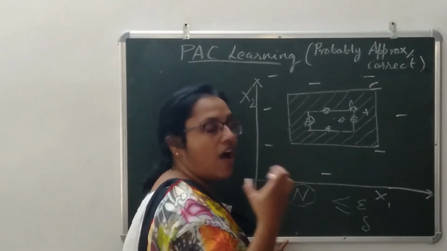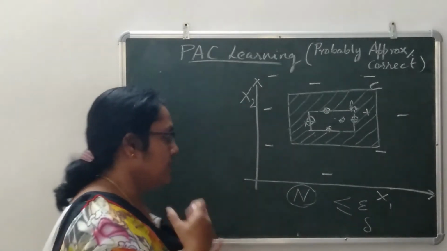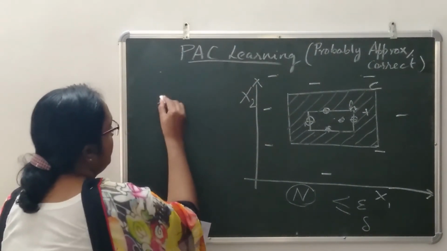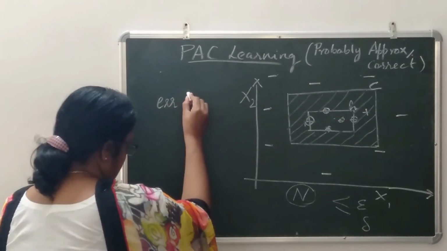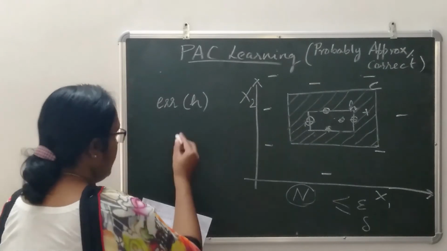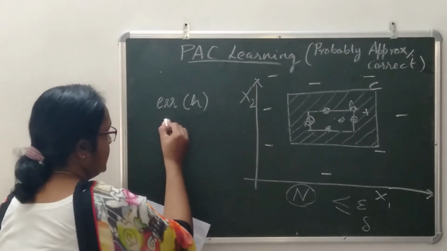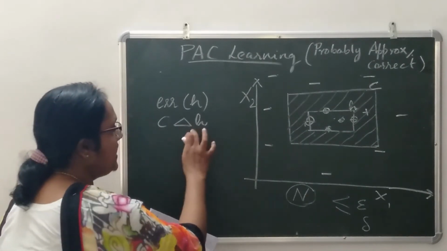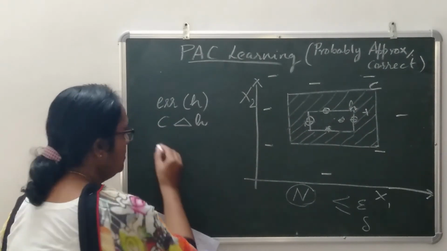So how do I quantify this error? Error of H is given by C delta H. Now what is C delta H? It's simple.